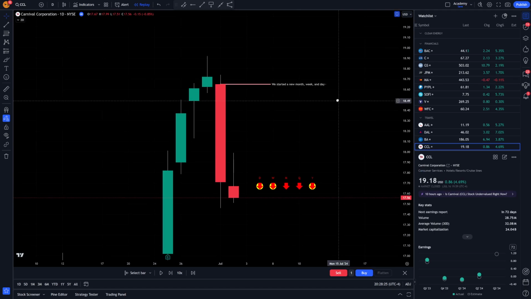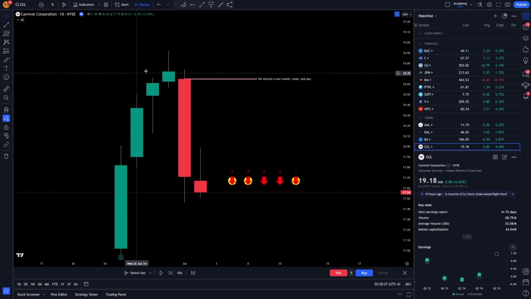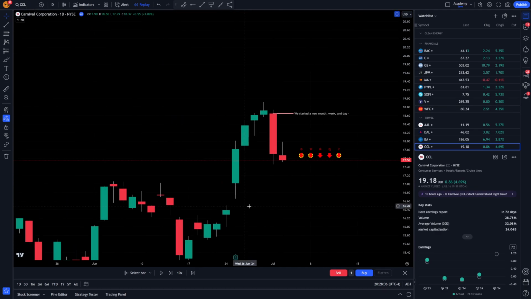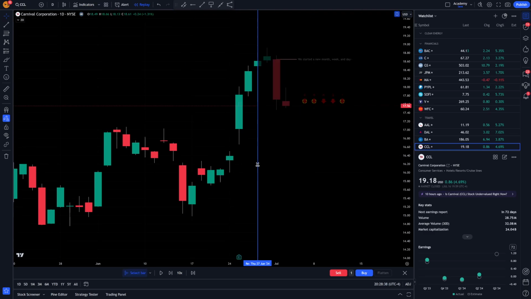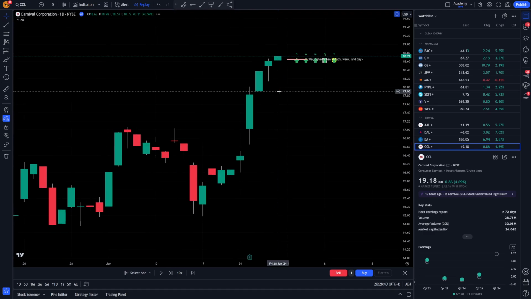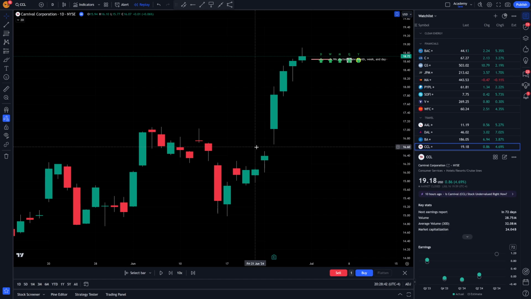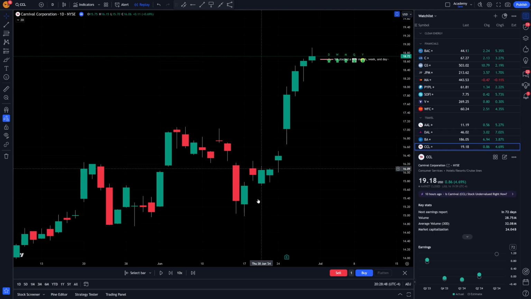So at first, when CCL, this is Carnival Corporation, when it started, it's funny, let's compare it to before. Before July, CCL was going, right? It was popping, right?